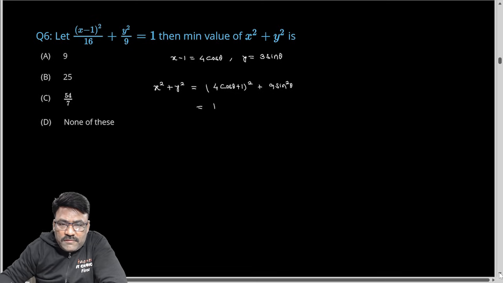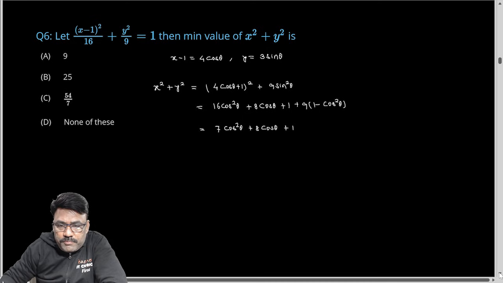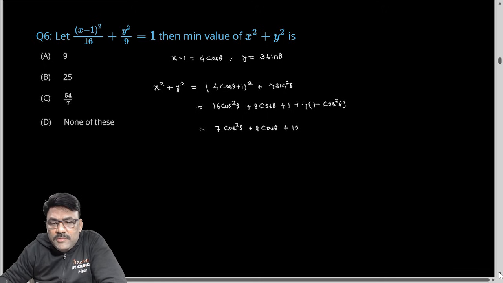So I get 16 cos square theta plus 8 cos theta plus 1, then 9 times sine square theta can be written as 9 times 1 minus cos square theta. So now it is 7 cos square theta plus 8 cos theta plus 10. And now you need its minimum value.